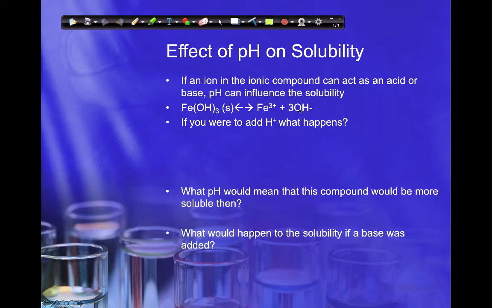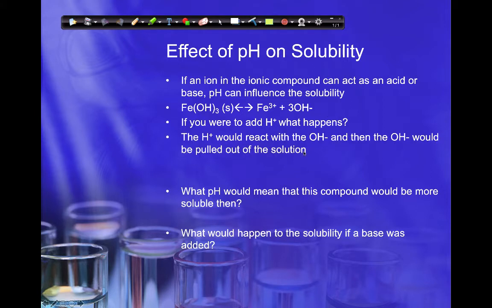So if I've reacted the hydroxide out, I've essentially removed it from the system. If I remove something from the system, I want to replace it again. It's going to shift to the product side, and we're going to dissolve more of this iron hydroxide. So when you add an acid or base, if one of those ions can react, it's going to shift the equilibrium.